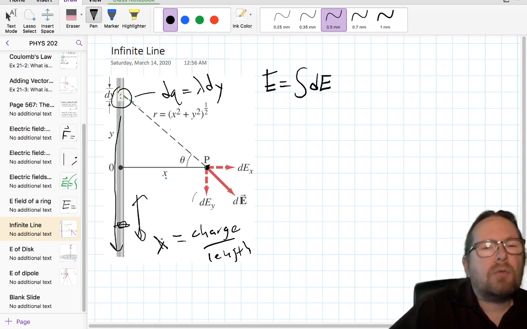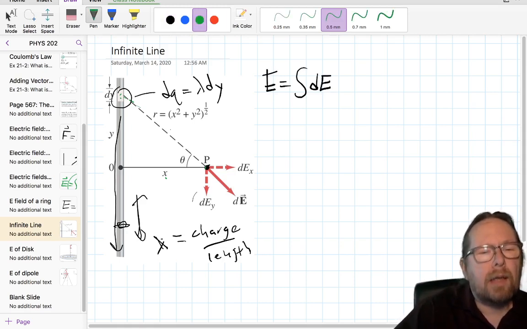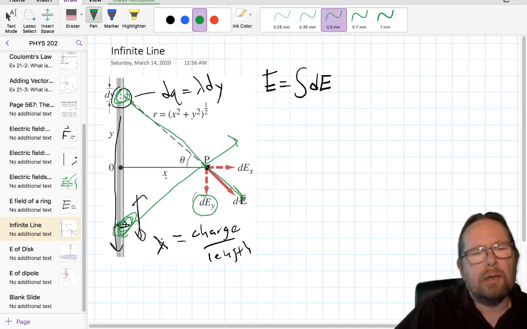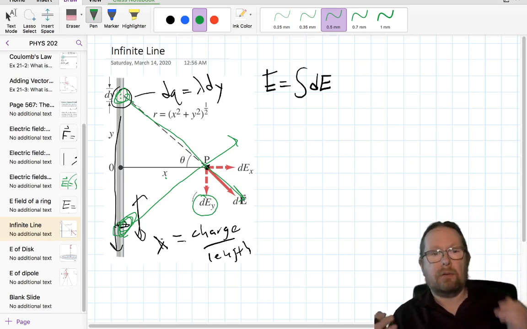But just like in the ring problem, every piece of the line down here in the negative y-axis that creates an electric field in this direction has a corresponding piece on the positive y-axis that creates an electric field in that direction. And the y components of the electric field cancel one another out.